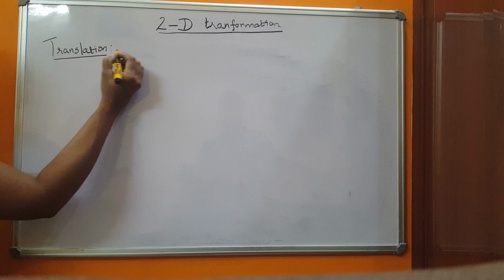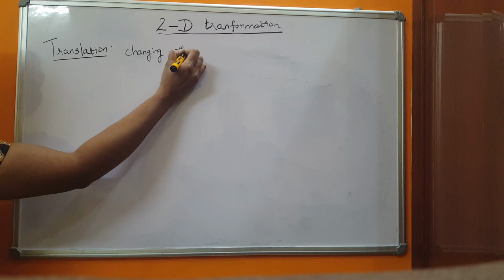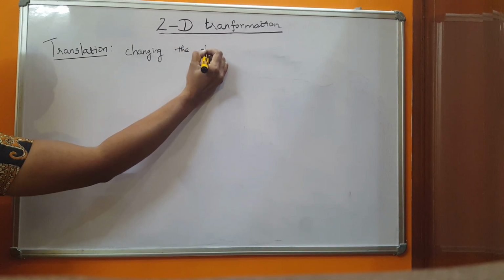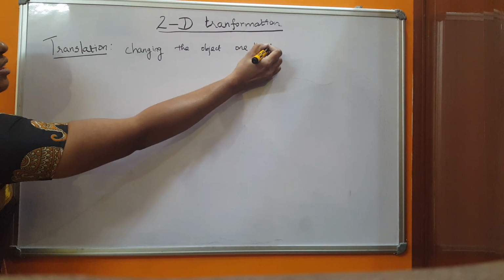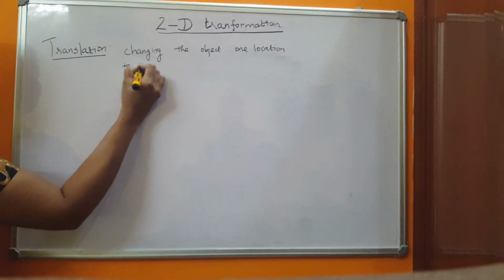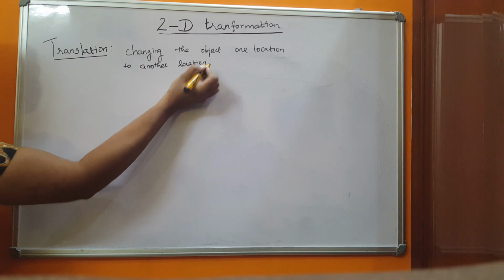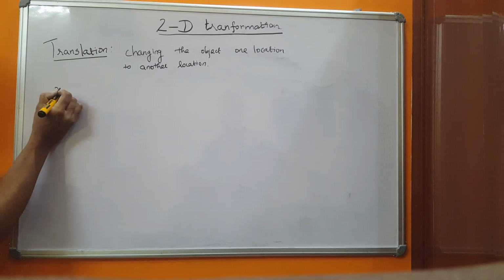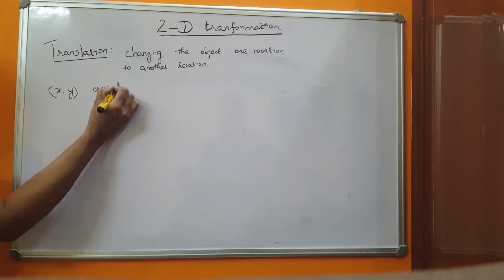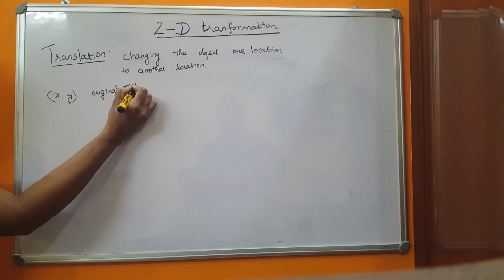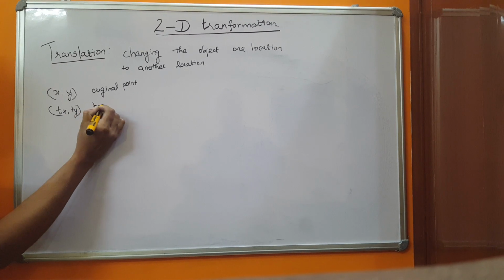Translation means changing the object from one location to another location. Moving the object from one location to another location. If x comma y is original point, tx comma ty is a translation vector.